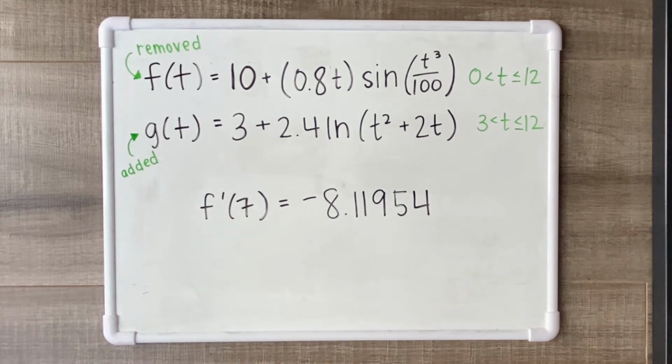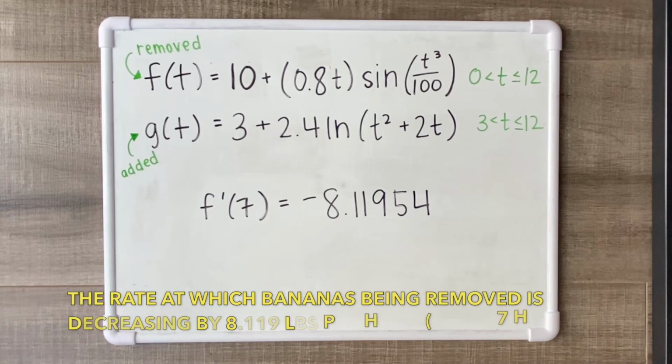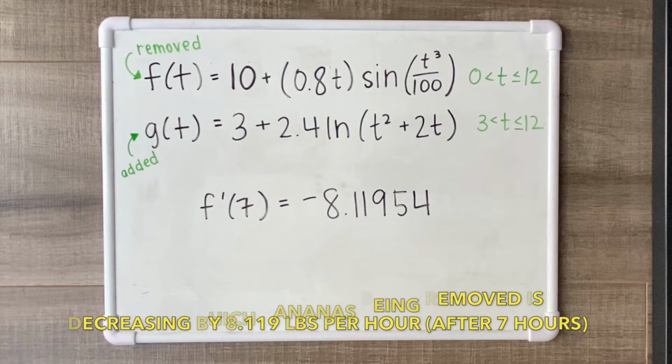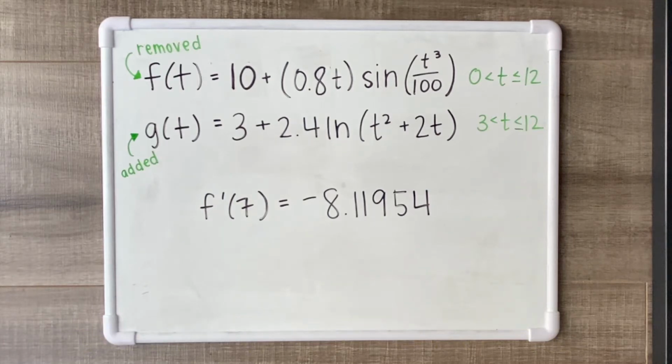So let's use the term rate of change, since slope and derivative wouldn't really be used in the context of this problem. Therefore, the rate at which the banana is being removed is decreasing by about 8.119 pounds per hour after 7 hours. Not that the number of bananas is decreasing at 8 pounds per hour, but it's that the rate of removal is decreasing by about 8 pounds per hour.